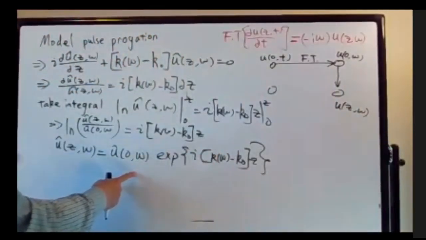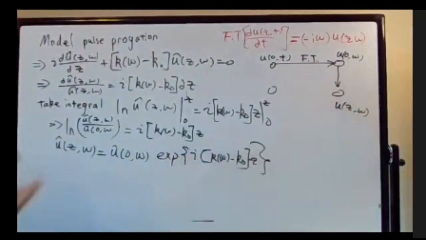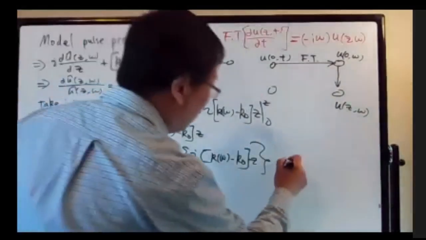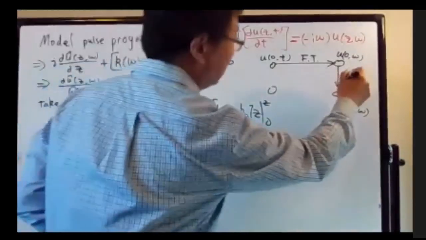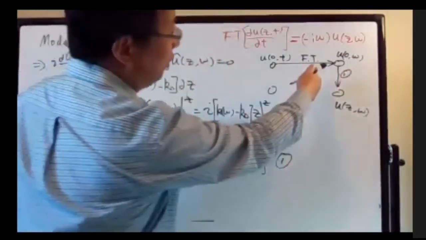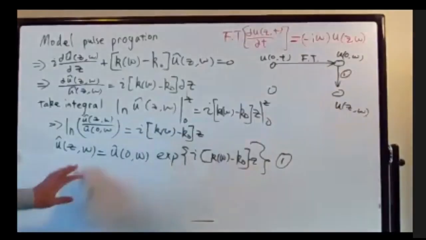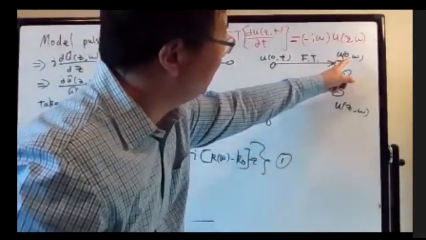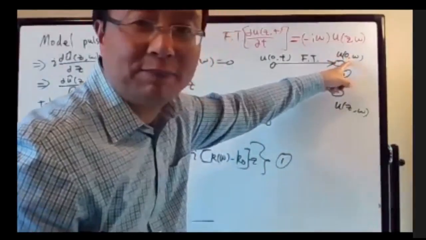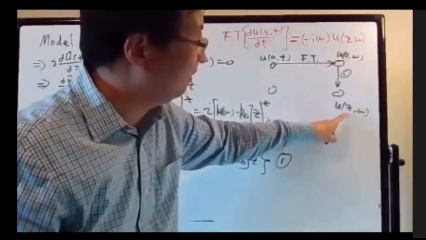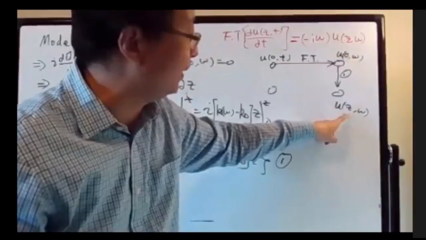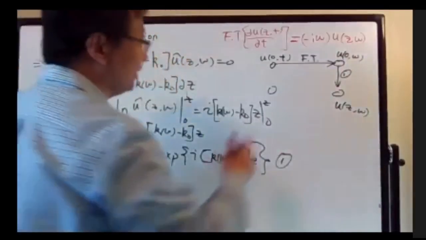Let's say this is equation 1. So use this equation to propagate my signal. So now this is the frequency domain at the beginning of the fiber. This is the frequency domain at the end of the fiber. Then what happened?